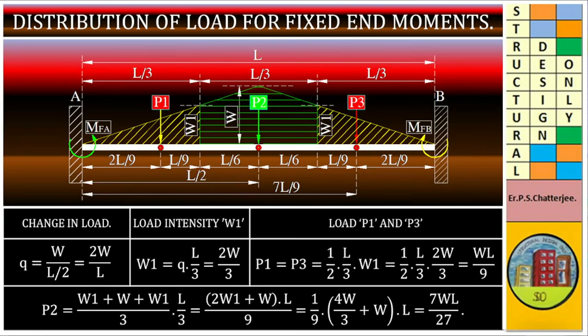P2 is equal to W1 plus W2 plus W1 divided by 3 into L by 3, is equal to 2W1 plus W divided by 9 into L. So we get 1 by 9 into 4W by 3 plus W into L, is equal to 7 WL by 27.